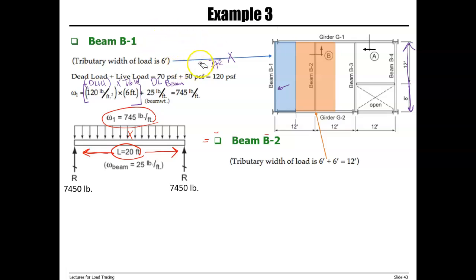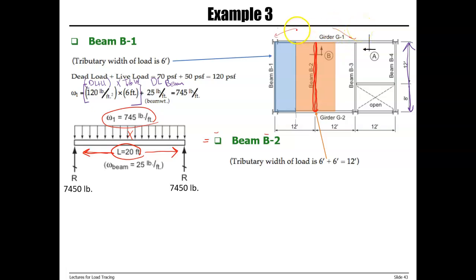Okay, so this was for beam B1. Now we want to look at beam B2. Here, this is beam B2, and it has two adjacent members, beam B1 and B2.